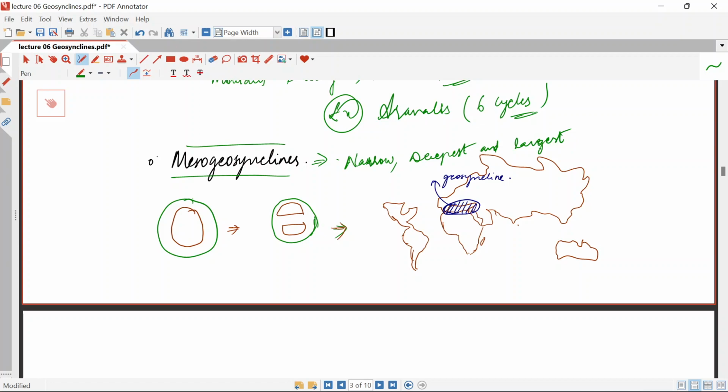Their floor can be oceanic floor. So basically the floor is oceanic floor, and this is what they said. And they have given an example for geosynclines if you consider the earth in, I can say, the carboniferous era, or precambrian period.